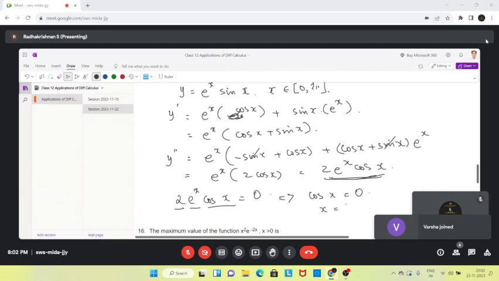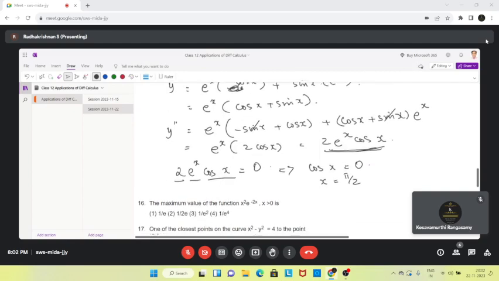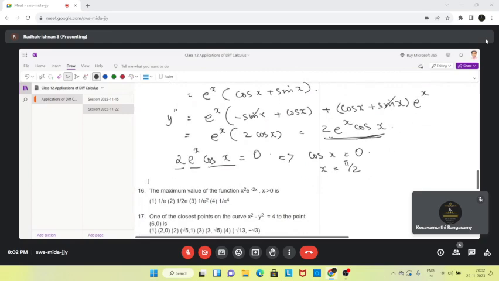So x equal to pi by 2. When x equal to pi by 2, either a maxima or a minima occurs. To verify whether it is a maxima or minima, we have to do a third derivative.